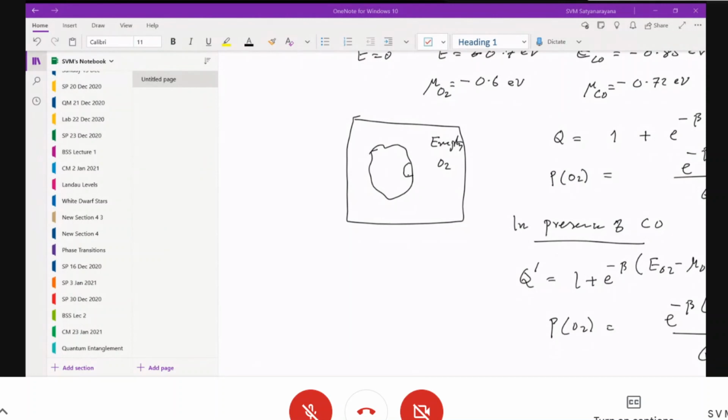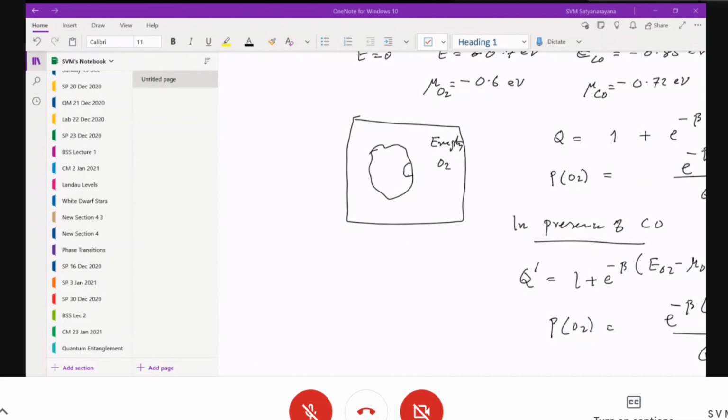Sir, when you are calculating Q dash, the sum is over energies and also the chemical potential, correct? If you're taking both, then wouldn't there be any cross terms, like the chemical potential for oxygen but the energy for carbon monoxide? No, because this is the power of statistical mechanics. Once you know these are chemical potentials and these are energies for different species, the grand partition function is just a product.